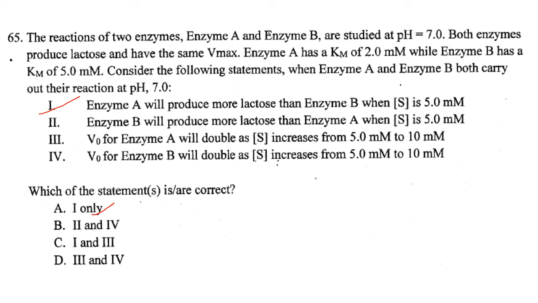Enzyme A has a Km of 2 millimolar, so the lesser the Km value, the higher the affinity of the enzyme. So enzyme A will produce more lactose than enzyme B when substrate concentration is 5 millimolar. So the answer here is option A. 1 only is correct.